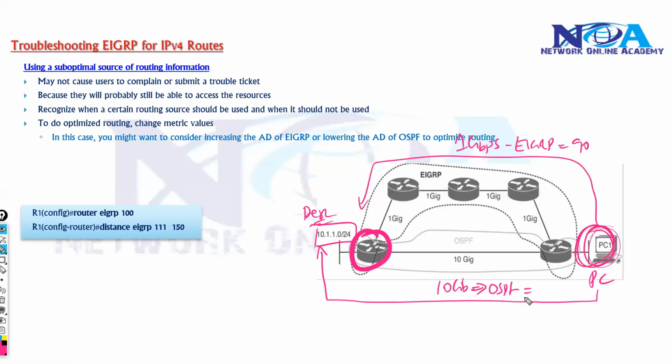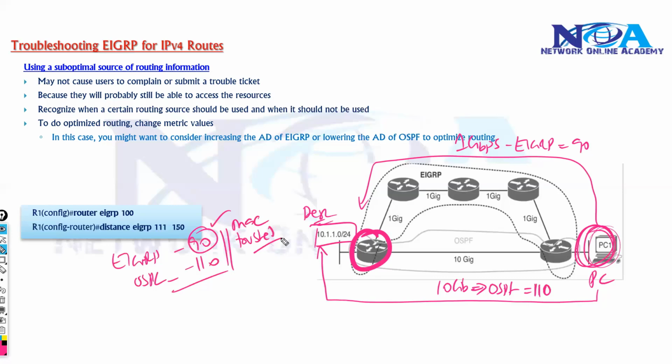Assume the network ID and the range are the same. By default, it is going to decide the best route based on the lower AD value. So when you have EIGRP and OSPF both configured, by default EIGRP is preferred and installed because of the lesser AD value, because a lesser AD value means it is more trusted.